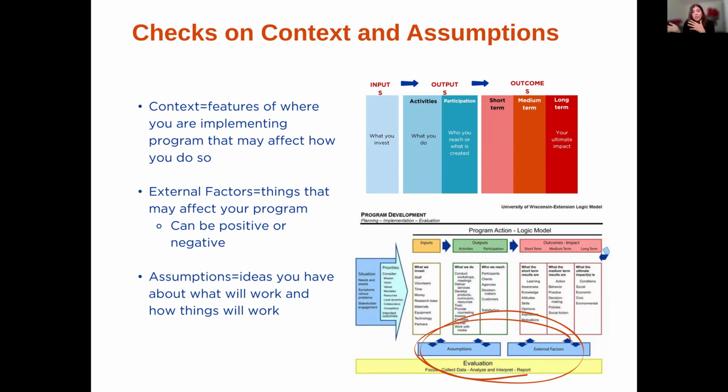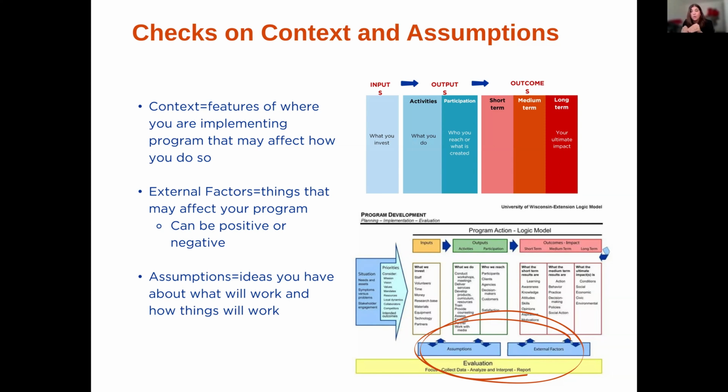So I did include the University of Wisconsin Extension logic model. They are one of the founders of this idea, right? And so you will see some logic models that include things like assumptions, context, and external factors. Feel free to include these on your logic model if that is something that is helpful to you.